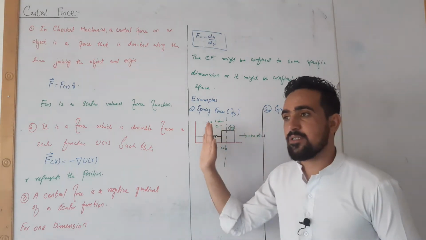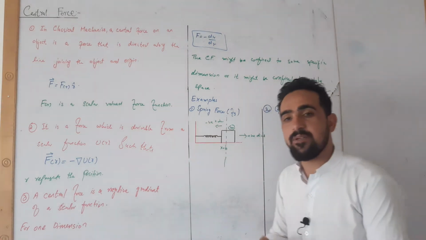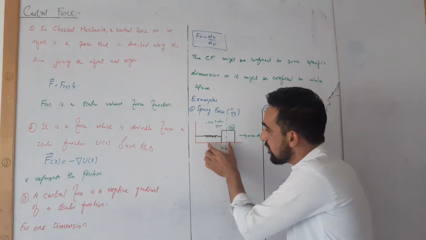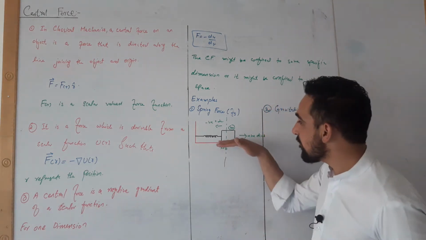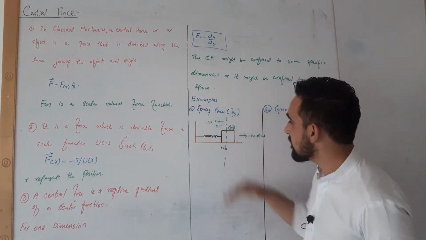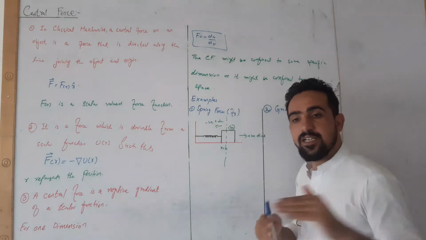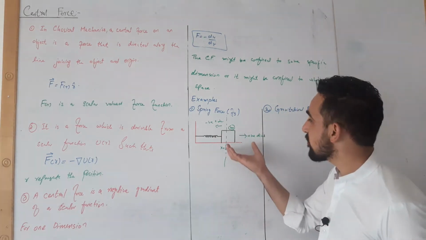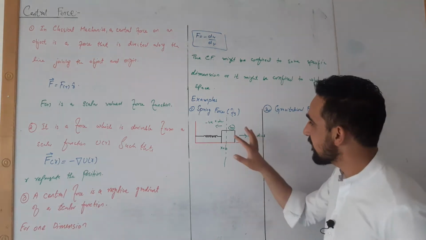Due to inertia, it will go to the other extreme and it will keep oscillating. Remember, I have considered the surface and the mass m to be frictionless, so that no dissipative forces are involved here.